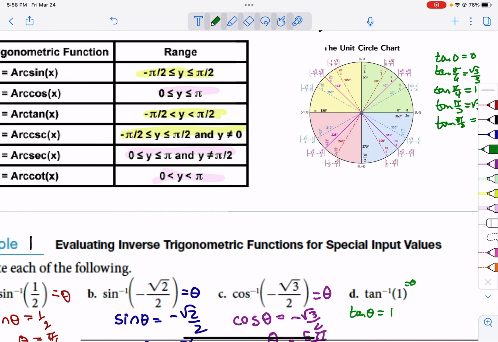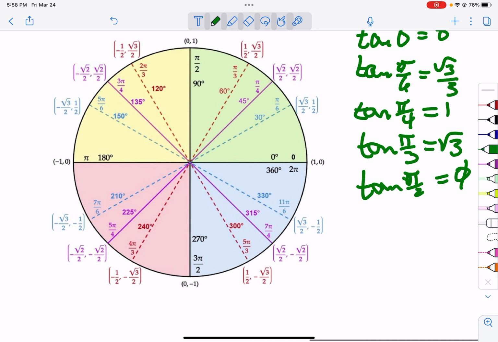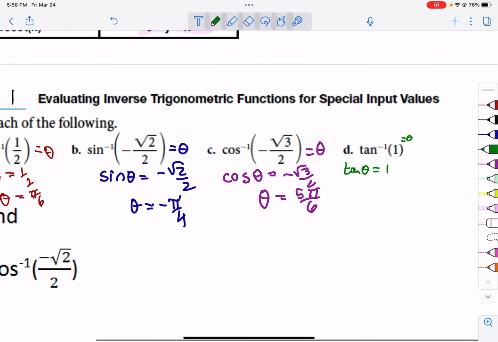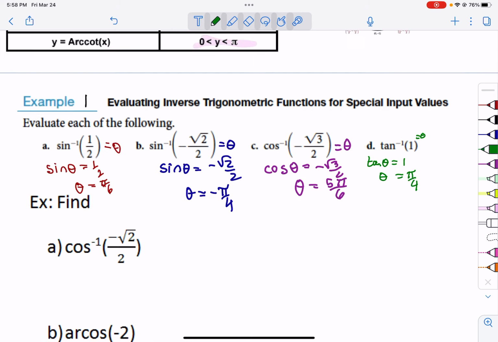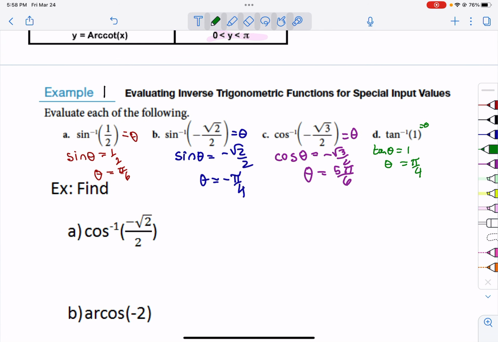So they said, where is the tangent equal to 1? Well, the tangent is equal to 1 at pi over 4. So the answer is pi over 4. Square root of 2 over 2 divided by square root of 2 over 2 is 1. Let's look at these two examples.